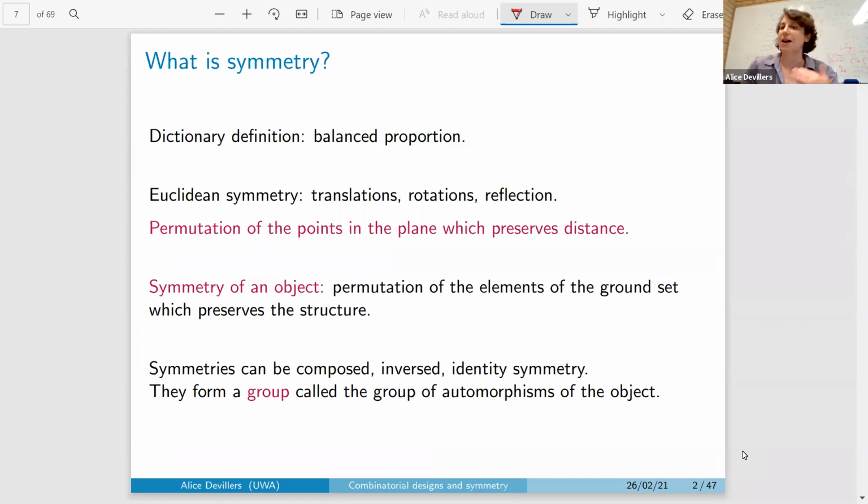Symmetry is just an easy word, but the more mathematical word is automorphism. So auto is like self, and morphism is shape. So self shape, something that keeps the shape. So automorphism is just the same as symmetry. So they form a group. If you know what a group is, if you don't, doesn't matter. It's just something where you can compose things together and inverse, and I have an identity.